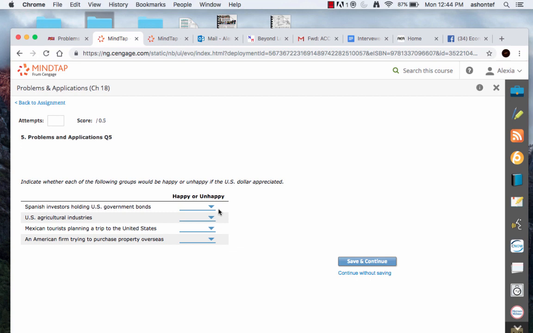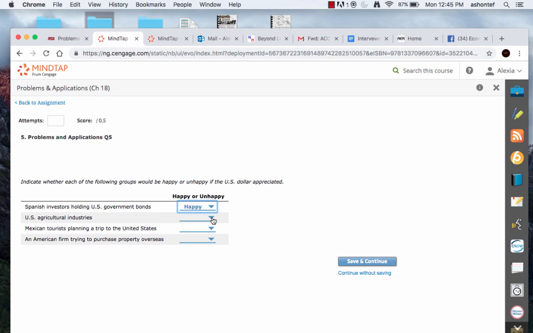So if Spanish investors are holding US government bonds, are they going to be happy with this investment? Well, it's gone up in value is a way of how you could kind of think of this, because the dollar's appreciated. US agricultural industries, are they going to be happy or unhappy?